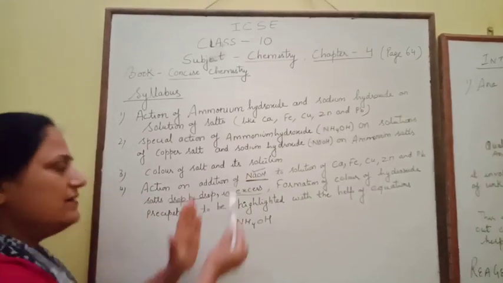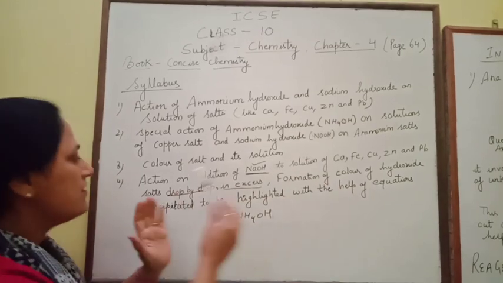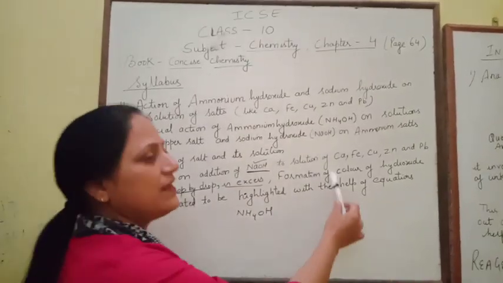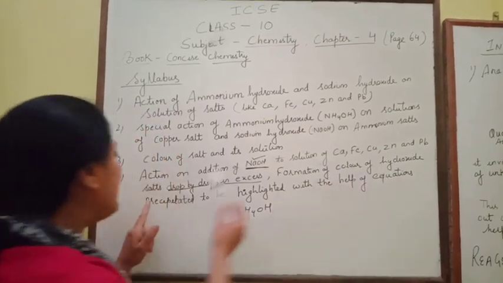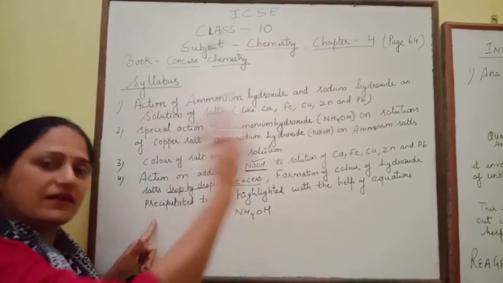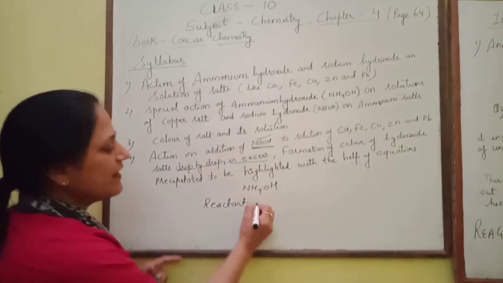We will add sodium hydroxide and ammonium hydroxide separately, drop by drop and in excess. Then we will see the color of the hydroxide precipitate formed, that is, when the reaction takes place and the reactants react, we get a product.